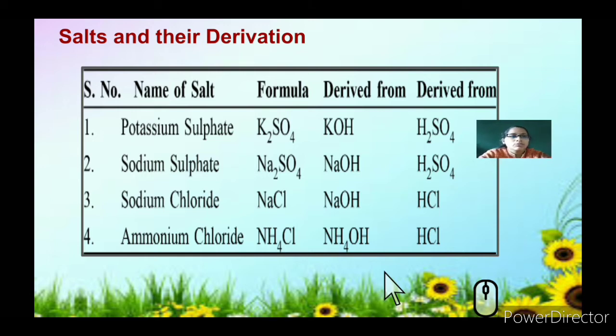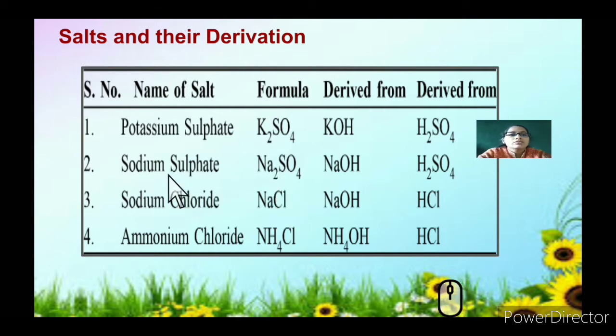Let's understand some of the different salts. Here you can see potassium sulfate. The formula of potassium sulfate: potassium is K, and K2, sulfate is SO4. Where is it derived from? When KOH, potassium hydroxide, combines with H2SO4, sulfuric acid, it forms K2SO4, that is potassium sulfate.